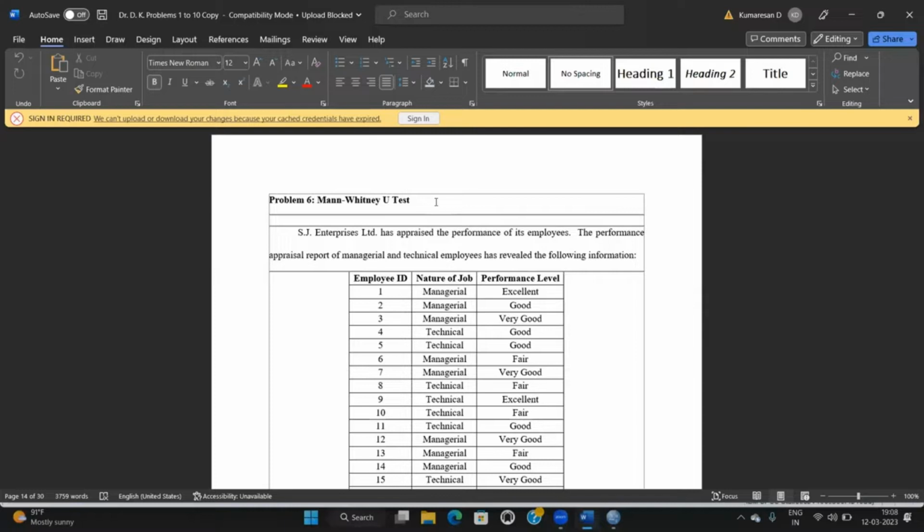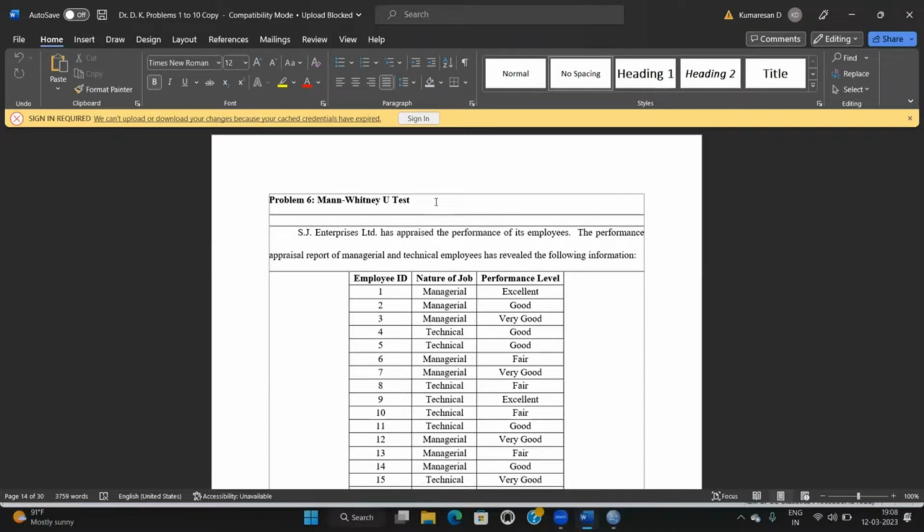Take the second one, independent samples t-test. What were the conditions? There should be two samples, and the two samples should be independent. Independent means mutually exclusive.